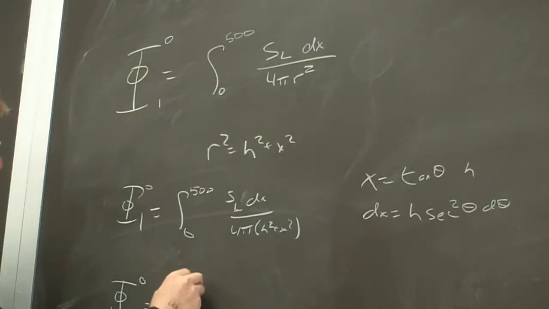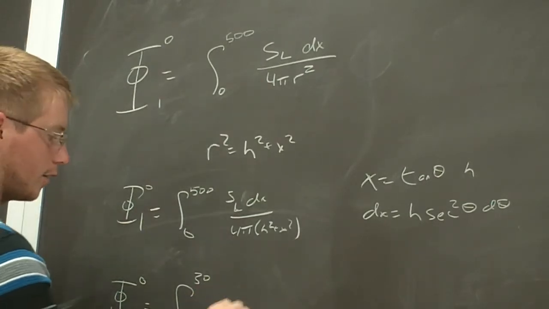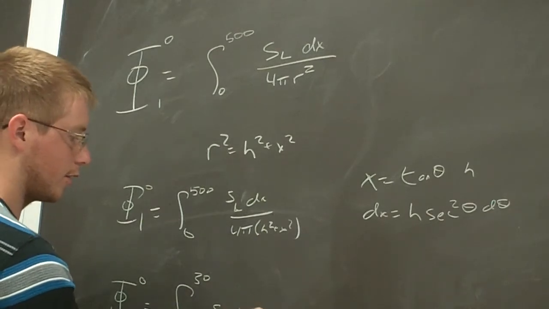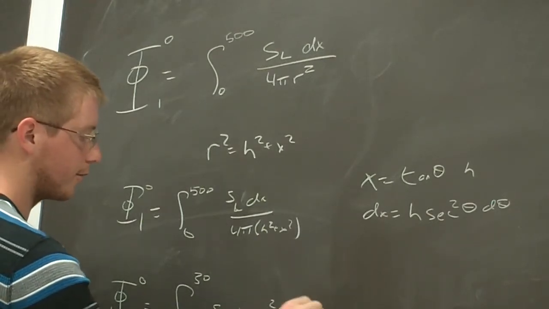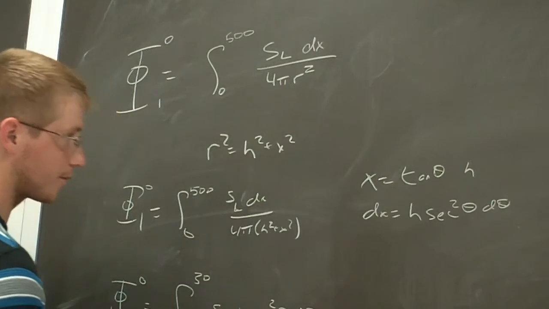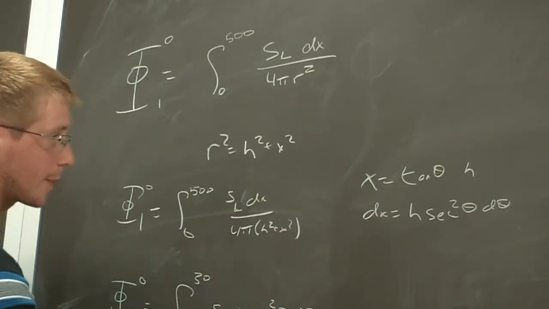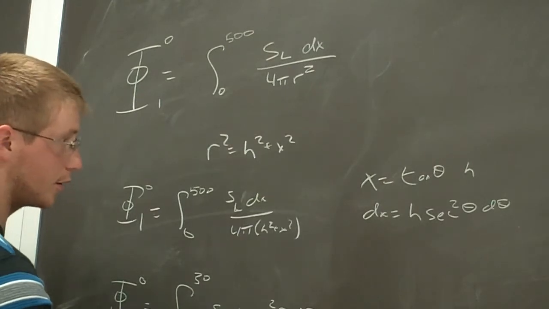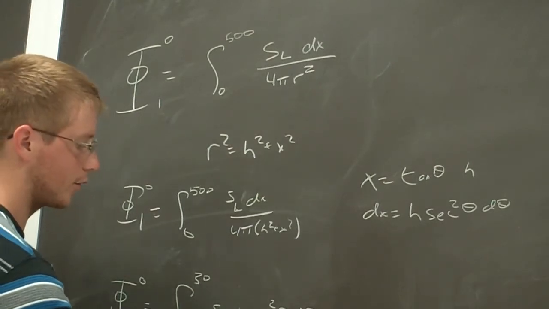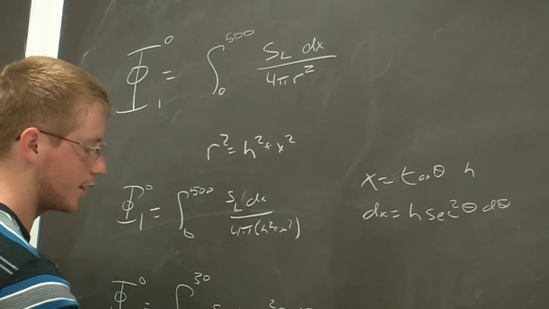From 0 to 30, this is now in degrees. SL h secant squared theta d theta over 4 pi times h squared plus h squared tangent squared theta.